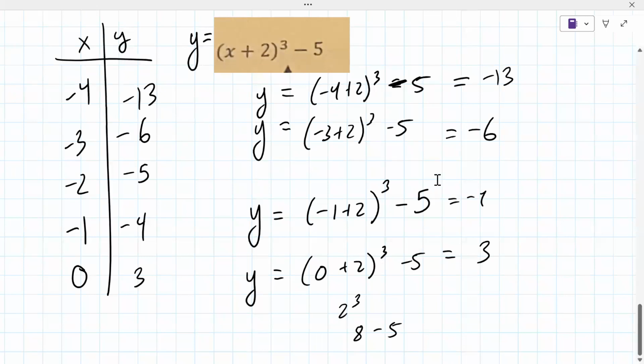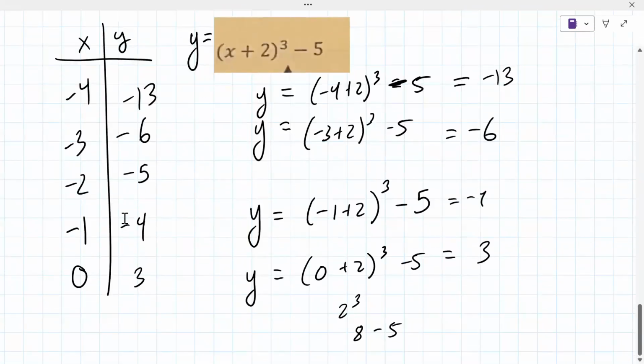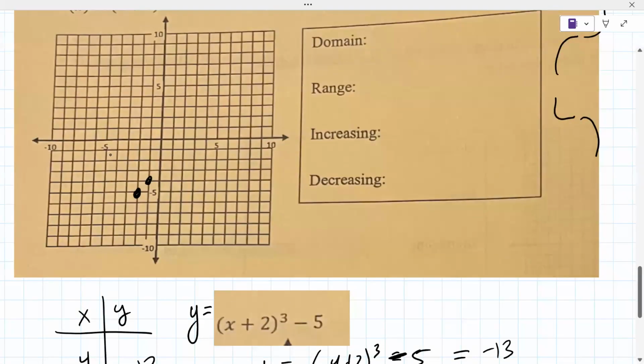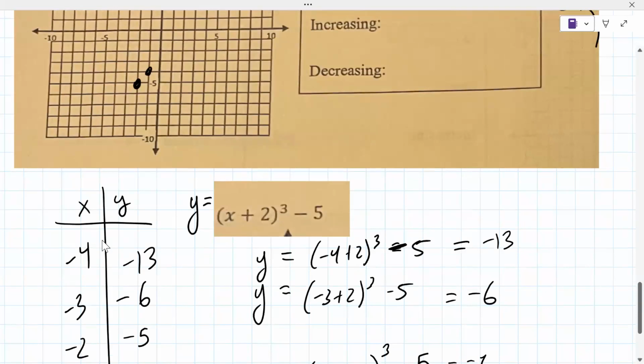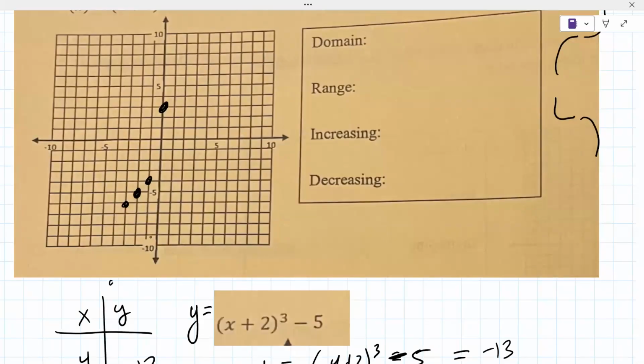All right, now we're going to graph these points. There is no symmetry to take advantage of, so just be very careful here. -1, -4, 0, 3. And you can do the same on your graph, -3, -6. And then that last one, and maybe talk to your instructor. I mean, you can kind of say, well, it's kind of down there.